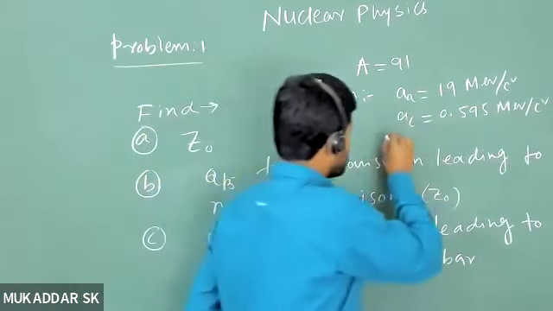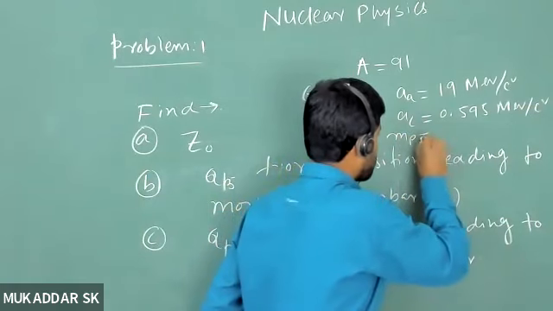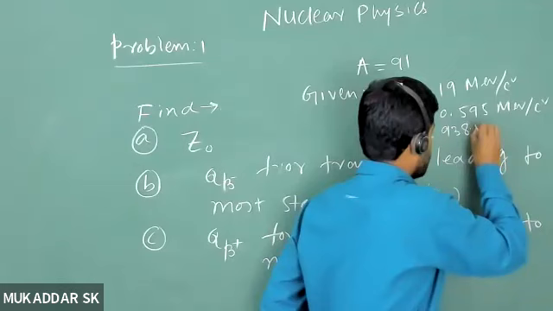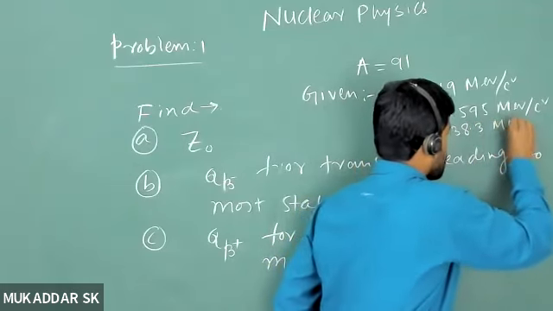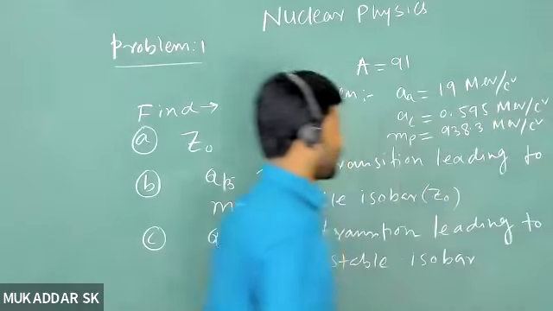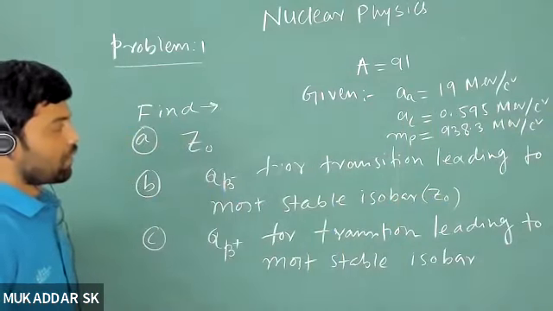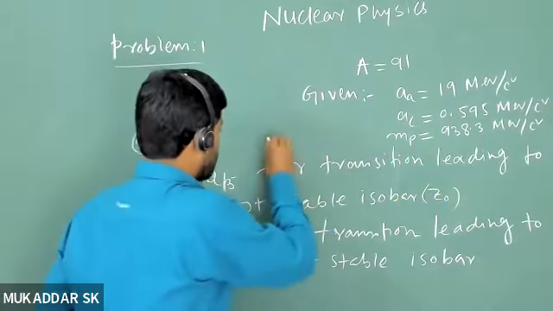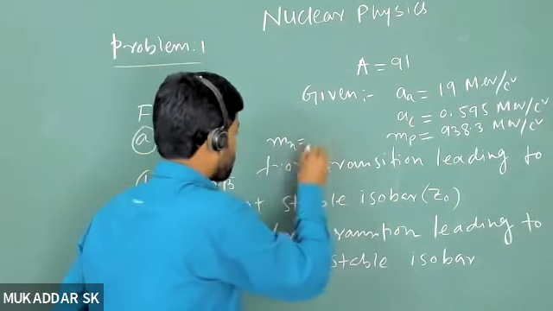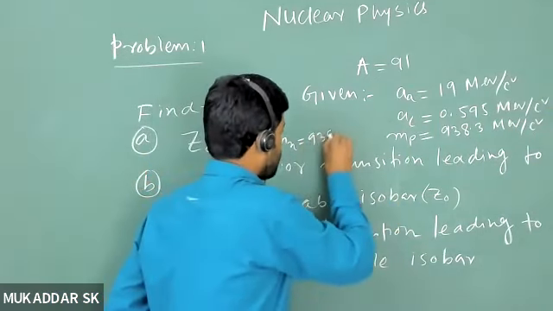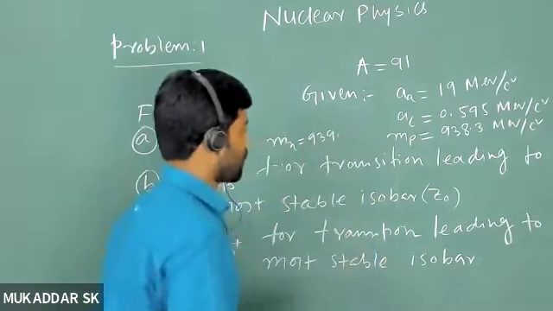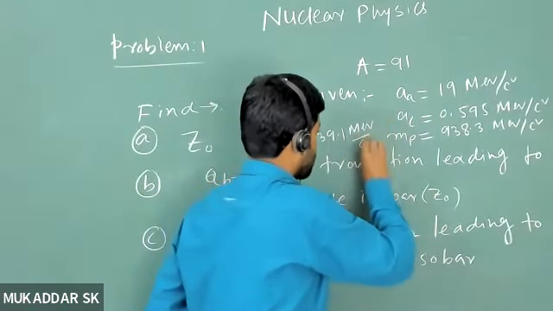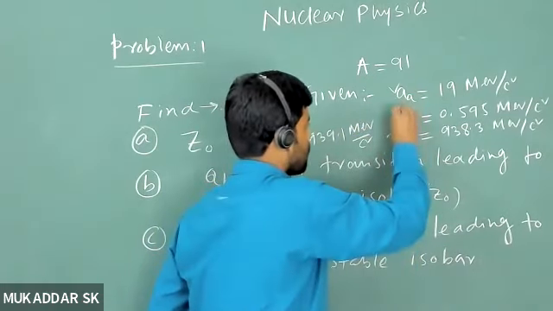In addition to this, they have provided the mass of a proton, 938.3 MeV per c square, and also the mass of a neutron, 939.1 MeV per c square.